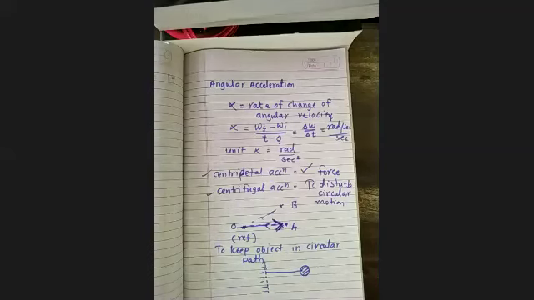Let me draw it for you. This is the tire or wheel of your bicycle, and here we have water. If this tire is rotating, then along the tangent, the water droplets move out.